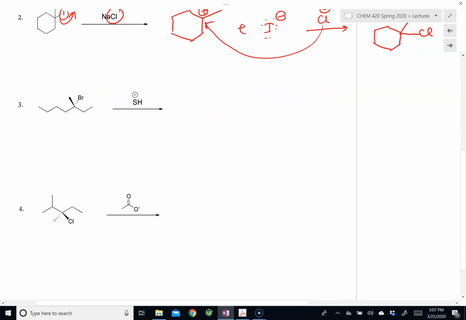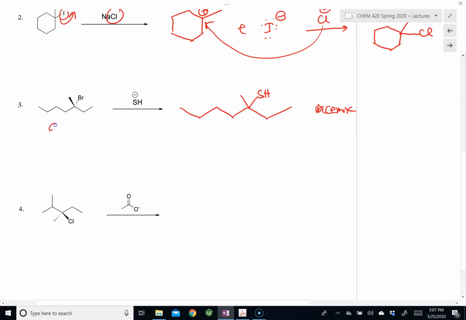And on this next reaction, the product that we will produce would be where the sulfur comes in to replace this. And now we have our methyl group over here and our SH. Again, we can now say racemic, and that will mean both of the enantiomers will get formed.